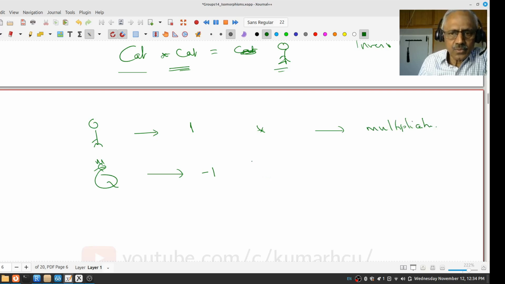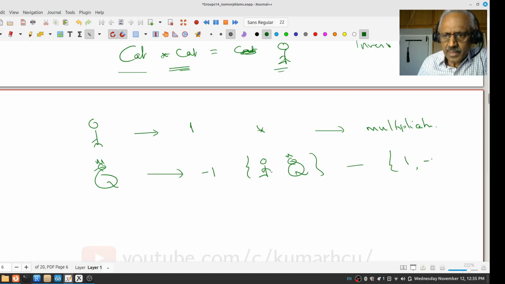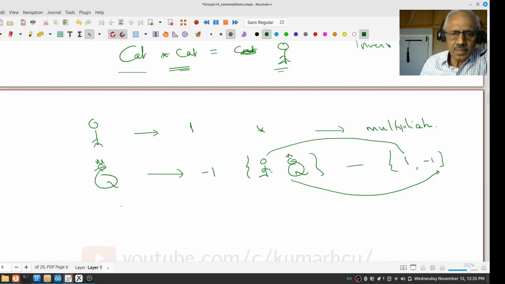So I have this set which is the man and the cat, and this is 1 and -1. So this fellow goes here and this fellow goes here. Now what will happen?